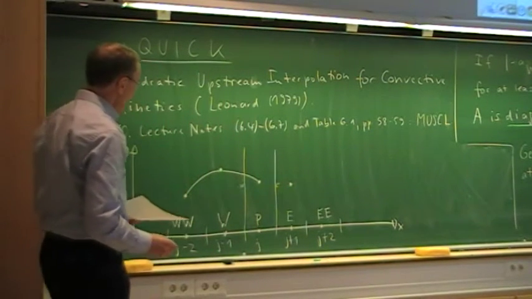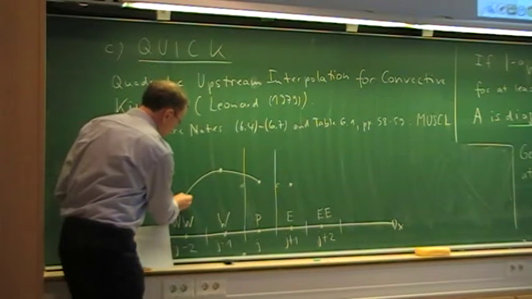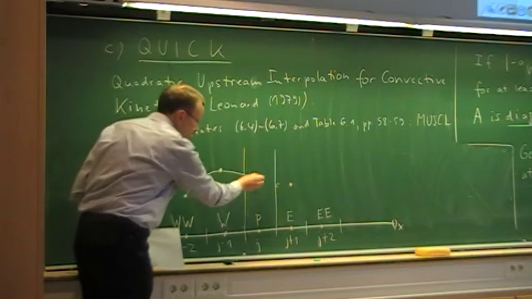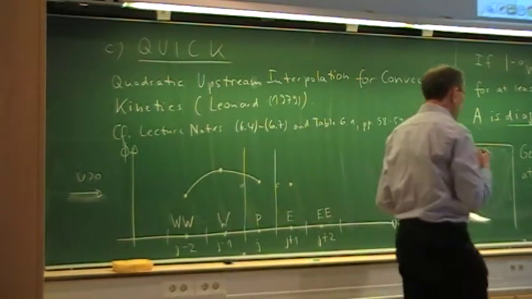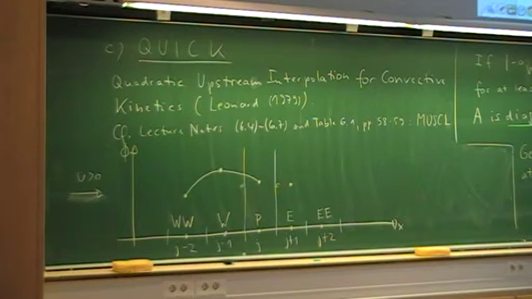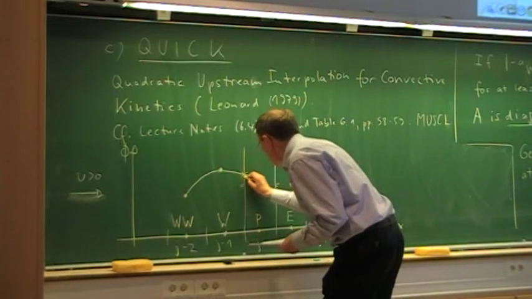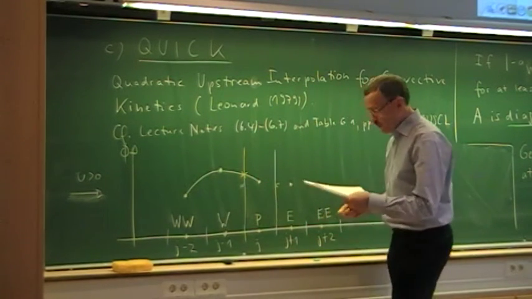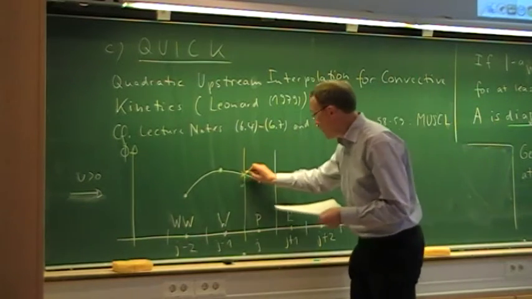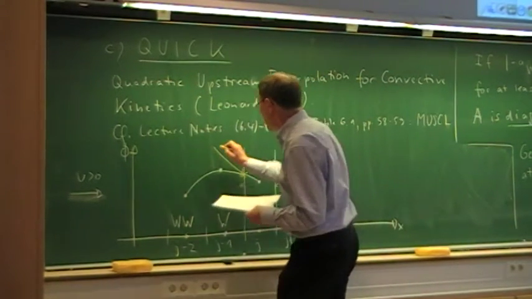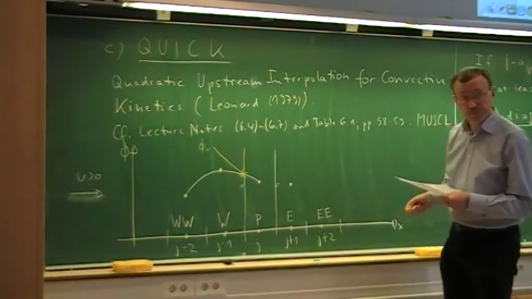So that is an interpolation of our values at WW, W, and P. And that will give us a value at the face. That value that we get from the interpolation is then the value that we will use, the face value at the face W.